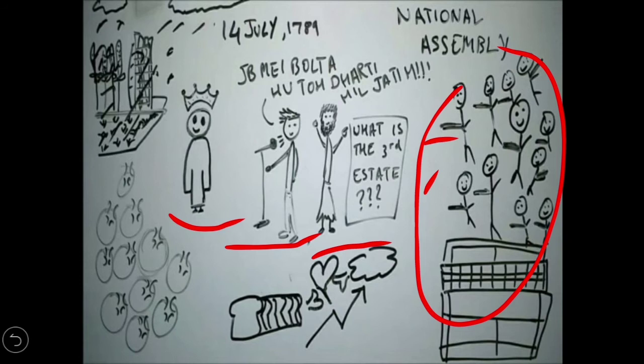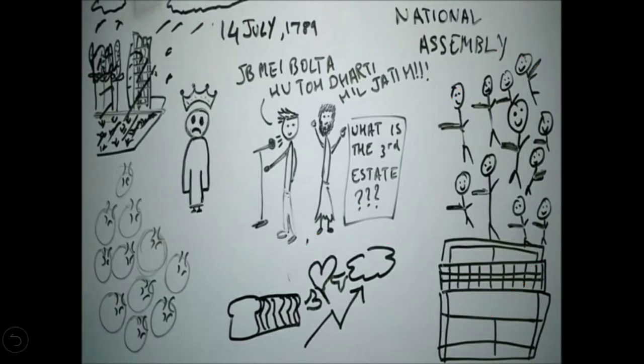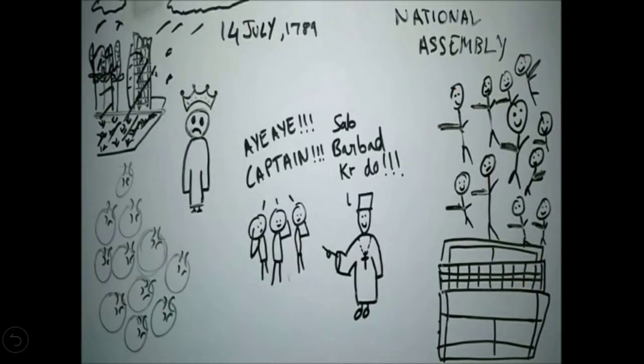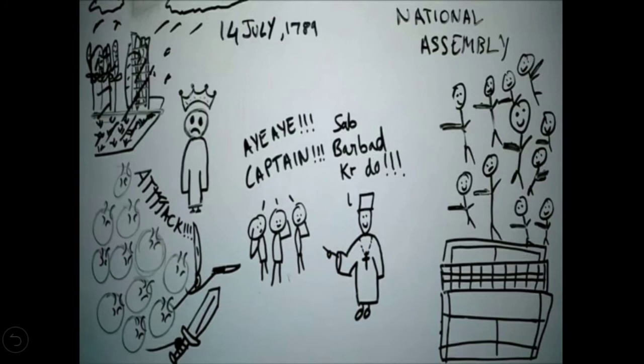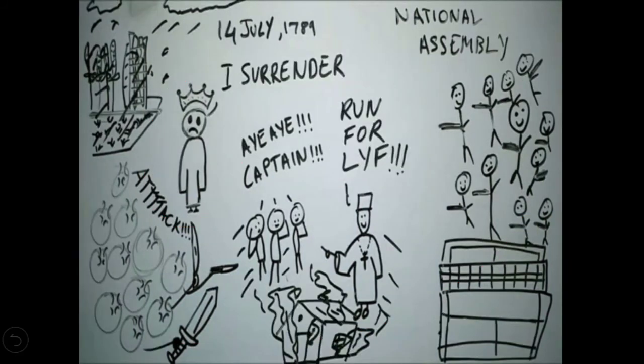Now King Louis had no option but to surrender, because the people were very angry, full of anger, and they wanted their powers to be separated and assigned to different institutions. So, King Louis XVI, on 14th July 1789, became helpless and had to surrender himself to the National Assembly, as the people came together on the streets and started attacking the policies and programs of King Louis XVI.